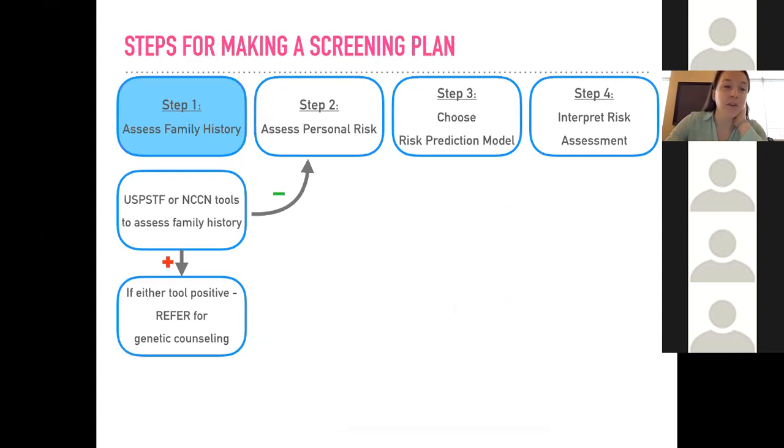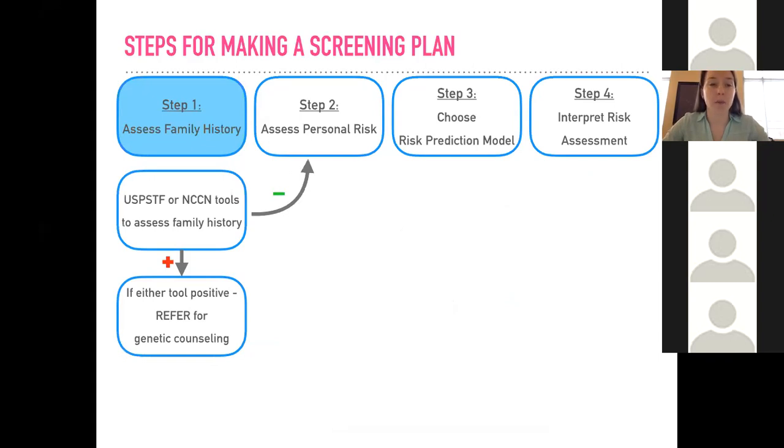Okay, so when we're assessing our family history, once we get all of those details from people, there are tools that we can use to decide if they have any of the boxes that we want to worry about for higher risk. So the USPSTF and the NCCN both have tools that we can use to assess this family history and put those details into context.